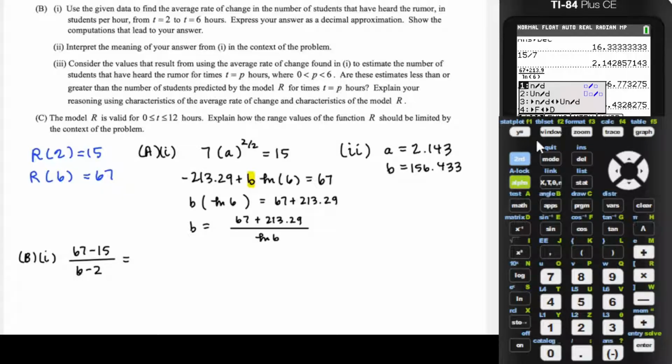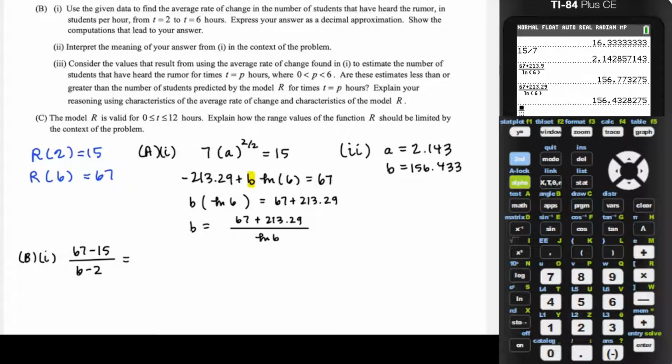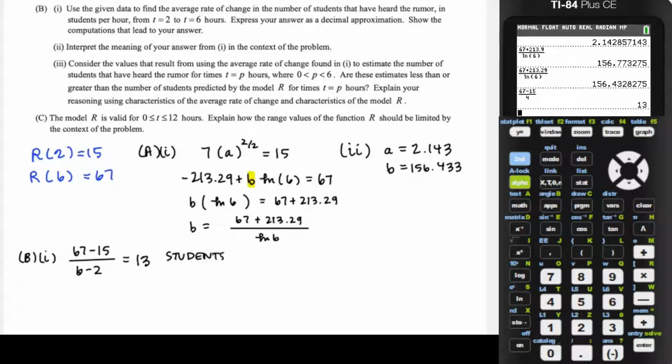So I will call for a fraction bar, 67 minus 15 divided by 4, and that's going to give me 13. And, okay, in students per hour. Okay, and then that's, I guess, a decimal approximation, not necessary in that case.